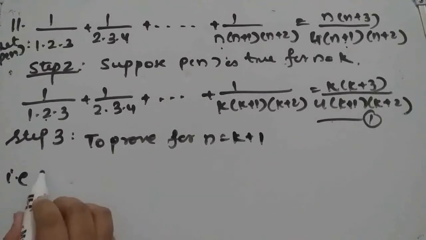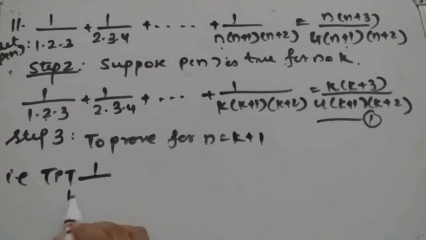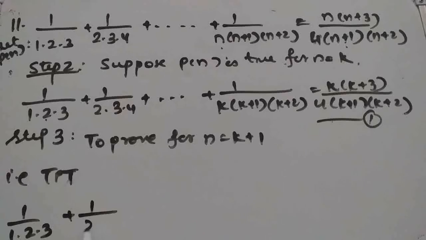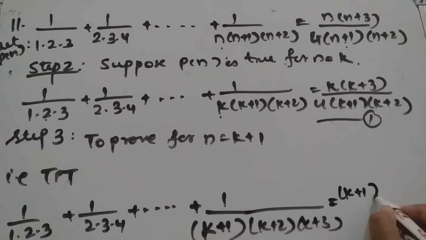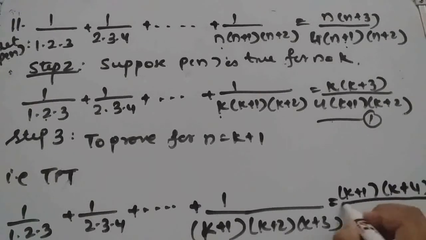That is what we have to prove. 1 by 1 into 2 into 3, plus 1 by 2 into 3 into 4, and so on up to 1 by k plus 1, k plus 2, k plus 3, is equal to k plus 1, k plus 4 divided by 4 times k plus 2, k plus 3. This we have to prove.